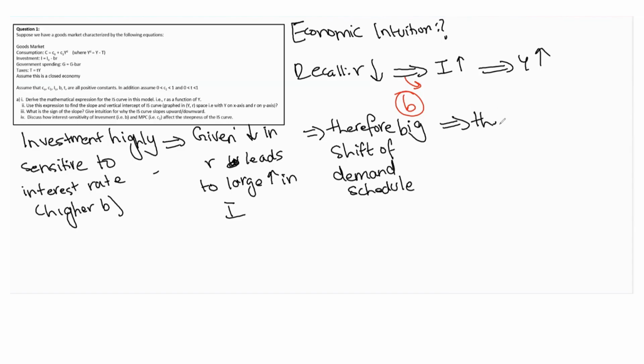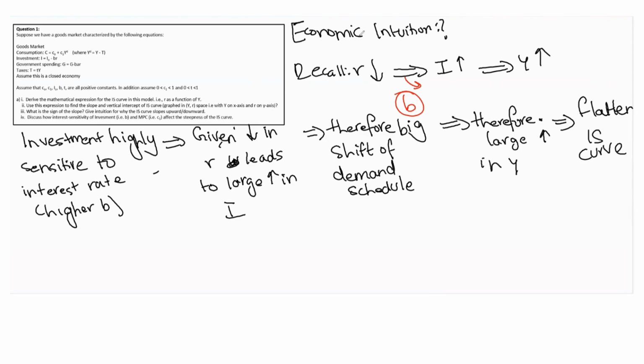Therefore, large increase in output. And we know that for a given change in interest rate, when we see a larger increase in output, that's when we have a flatter IS curve. That's the economic intuition behind why when investment becomes more sensitive to interest rate, we have a flatter IS curve, where any given change in interest rate causes a bigger increase in output.